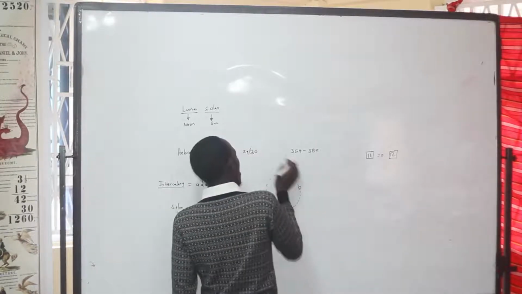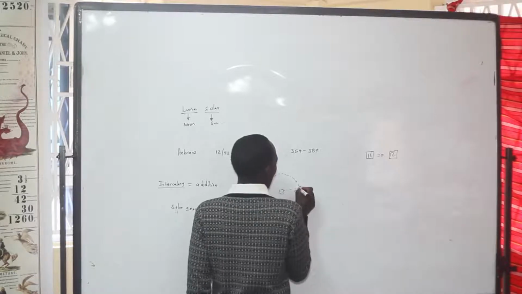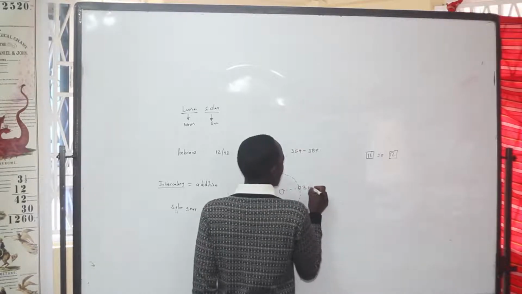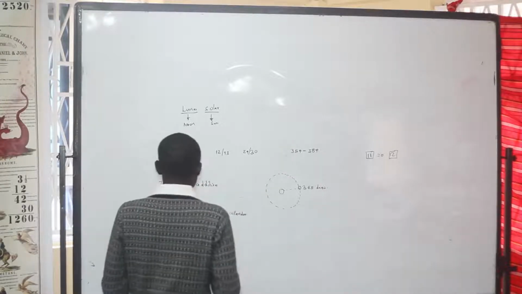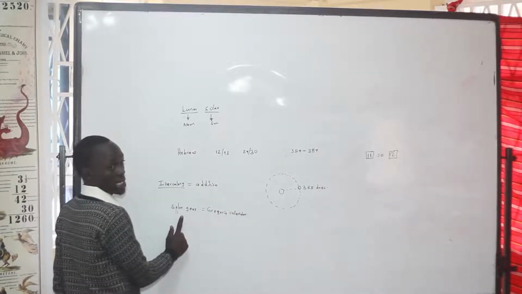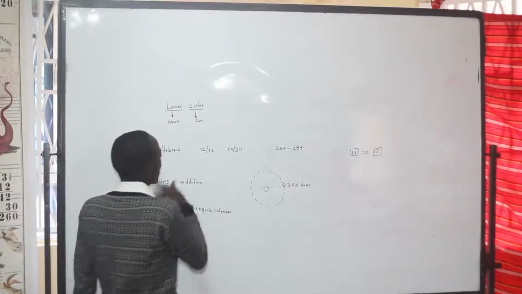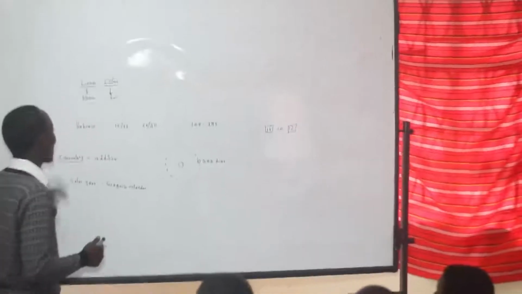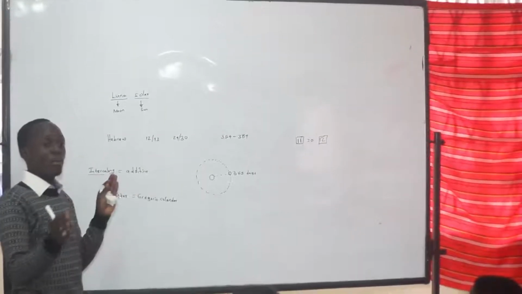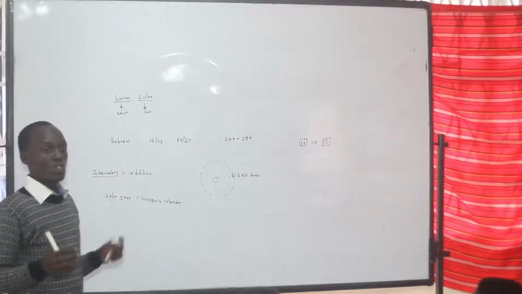If this earth goes until it comes back to this point, it will have covered how many days? 365 days. Now this is what is called the solar year. Are we understanding? But we are told the Hebrews will occasionally intercalate or add a full lunar month to synchronize the longer solar year, okay?